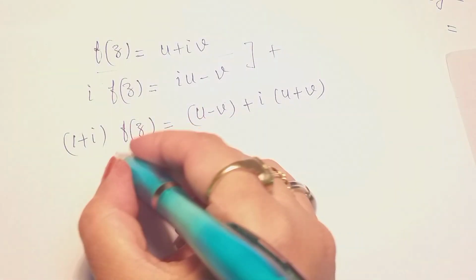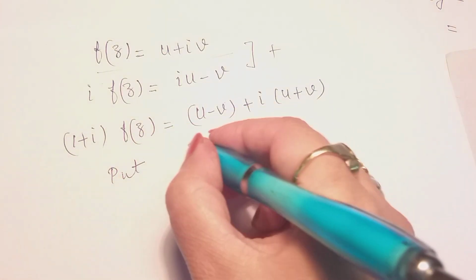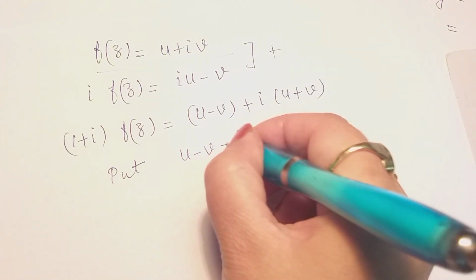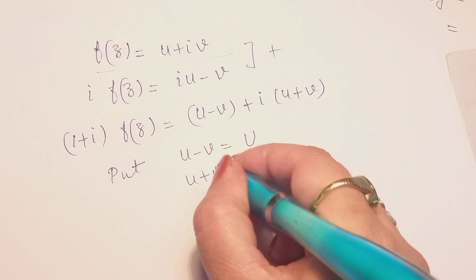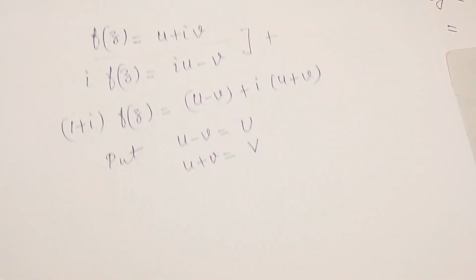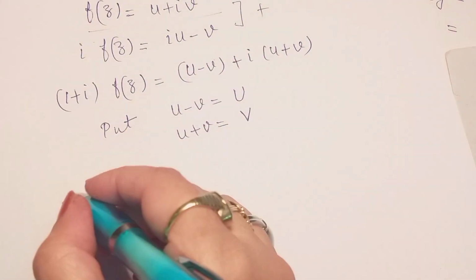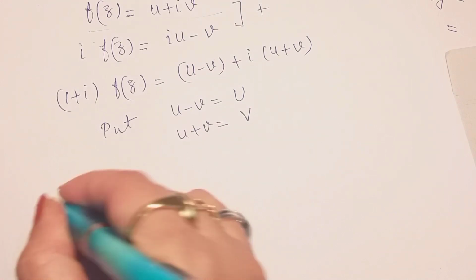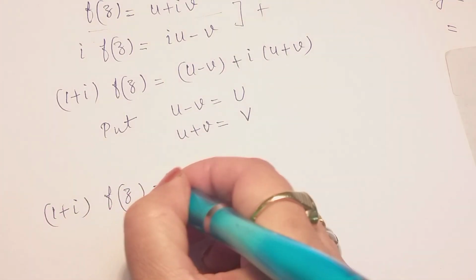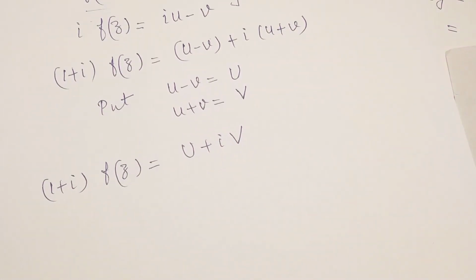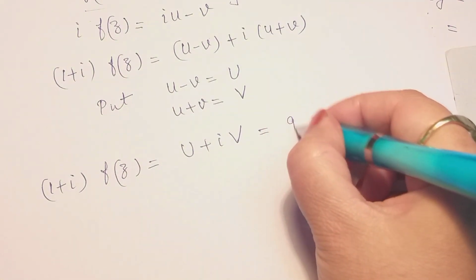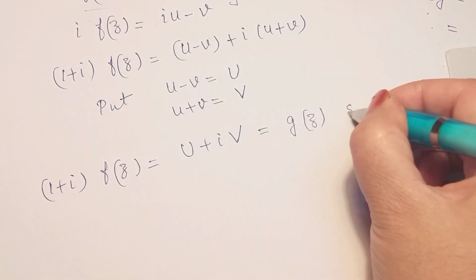Okay, now put u minus v is equal to capital U and u plus v is equal to capital V. Then this function will become 1 plus iota f(z) is equal to U plus iota V. Okay, we call it g(z).